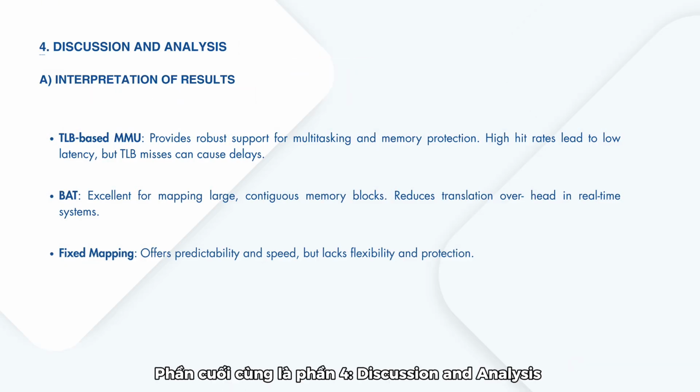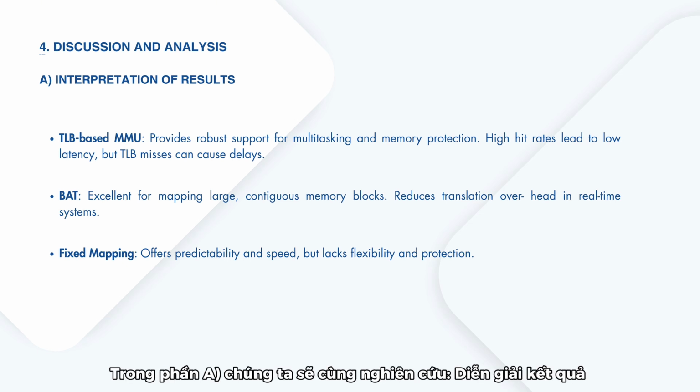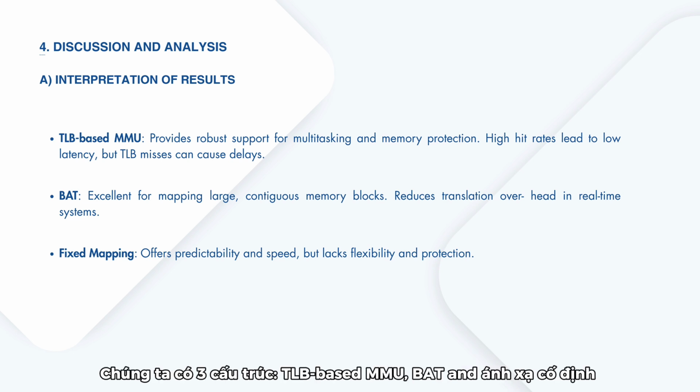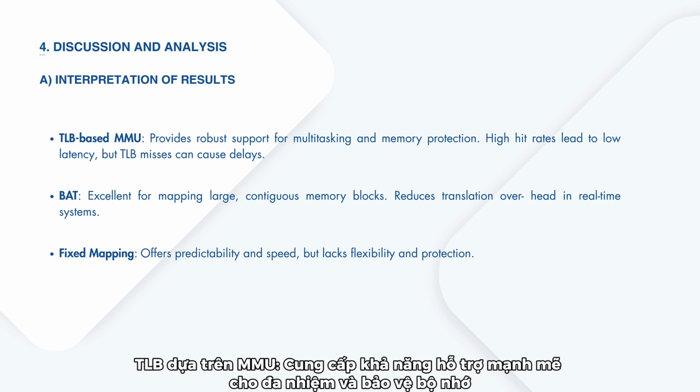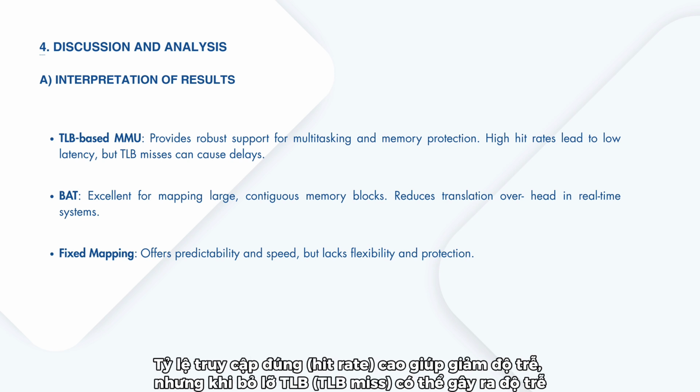So the final part is part 4, discussion and analysis. In part A, we study the interpretation of results. We have 3 models: TLB-based MMU, BAT, and fixed mapping. Firstly, TLB-based MMU, which provides robust support for multitasking and memory protection. A high hit rate leads to low latency, but TLB misses can cause delays.